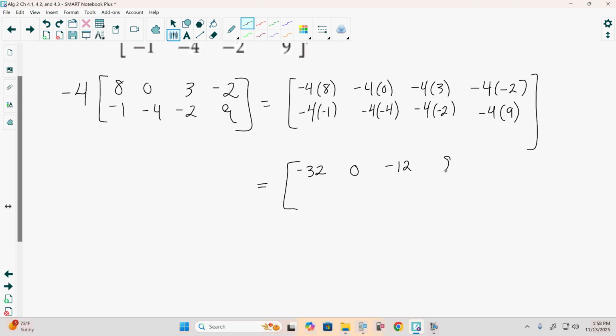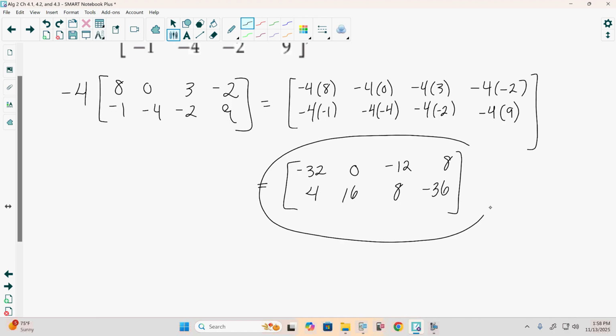Negative 4 times negative 2 is positive 8. Negative 4 times negative 1 is 4. Negative 4 times negative 4 is positive 16. Negative 4 times negative 2 is positive 8. And negative 4 times 9 is negative 36.